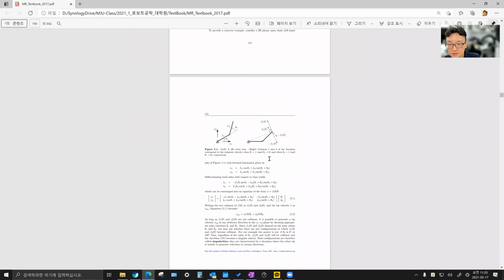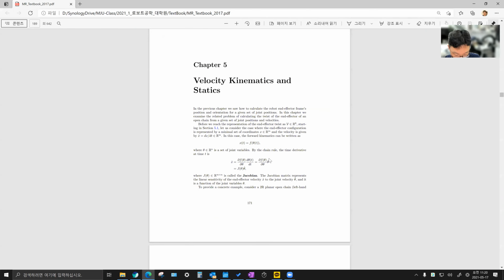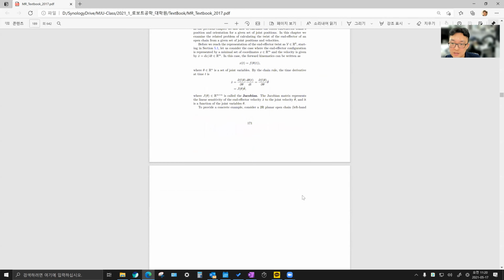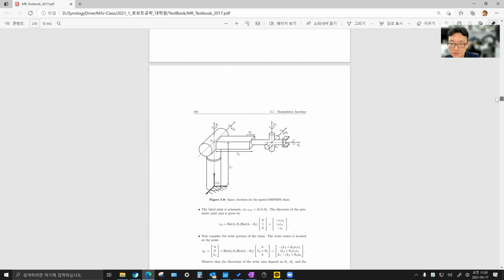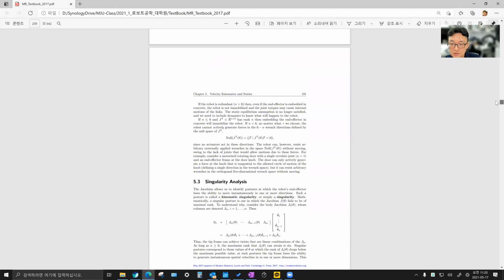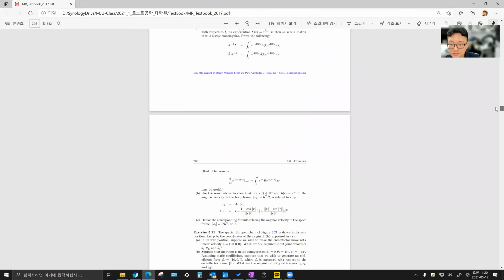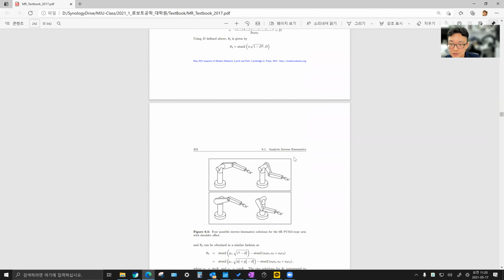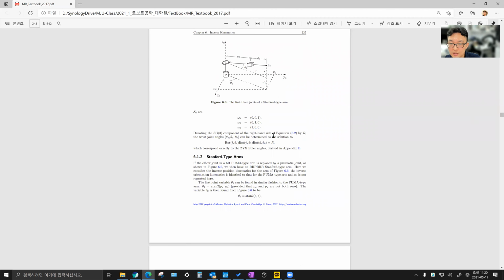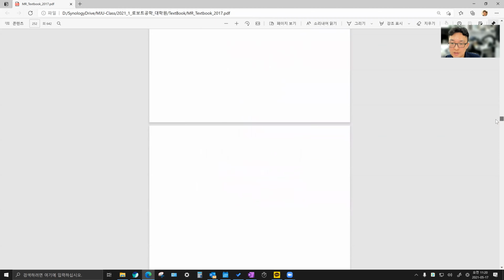In this week we will study the velocity kinematics, I mean the Jacobian, and next week we will study the inverse kinematics, which is also dealt with in this week.